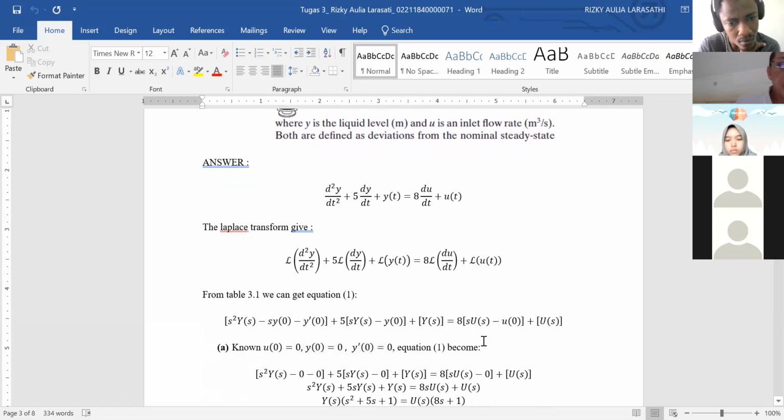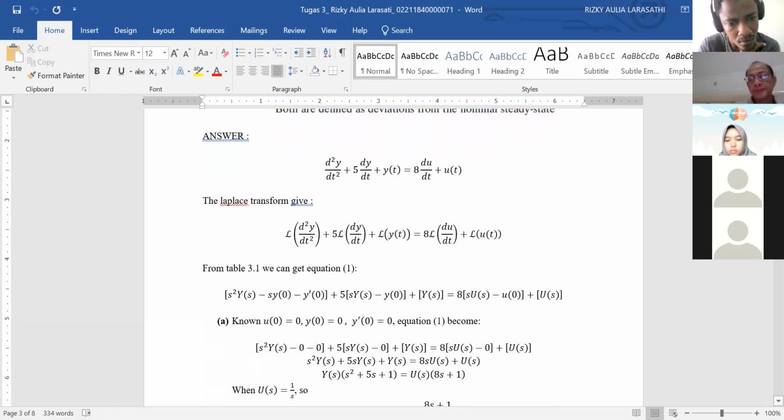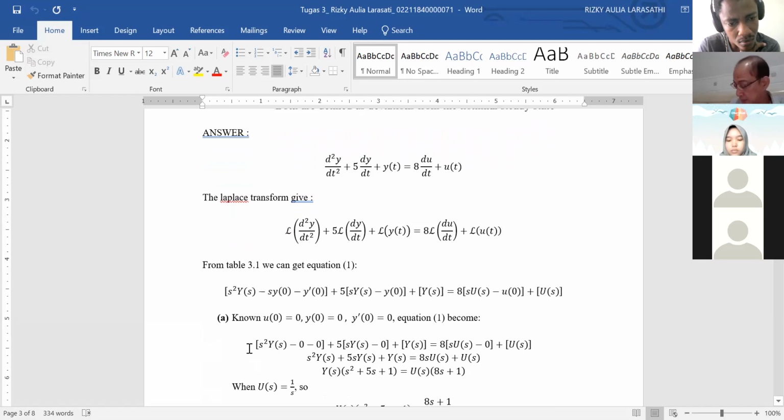So from equation 1, we get s²Y(s) minus 0 minus 0 plus 5sY(s) minus 0 plus Y(s) equals 8(sU(s) minus 0) plus U(s).